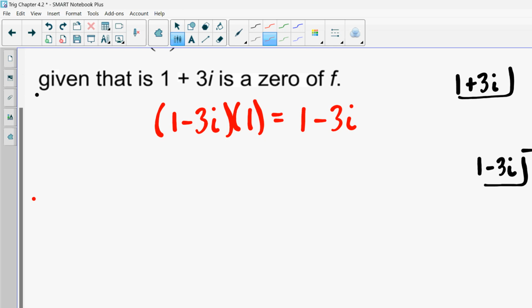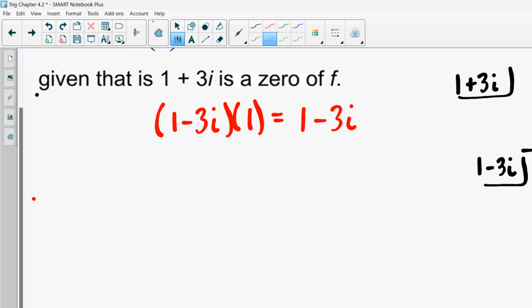And luckily enough, with this one here, I did this earlier today, we actually don't even need the calculator at this point. Because if we add these straight down, negative 2 plus 1 is negative 1. Positive 3i plus negative 3i is 0. So we have negative 1.